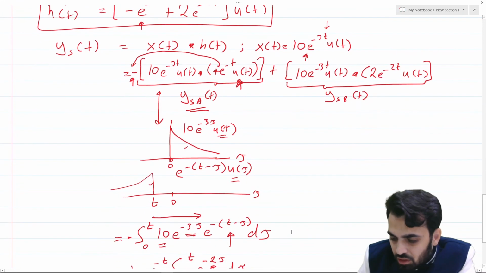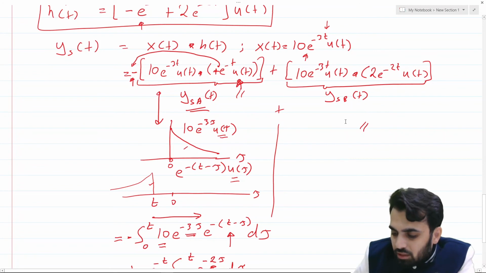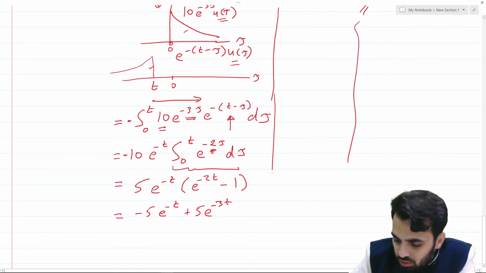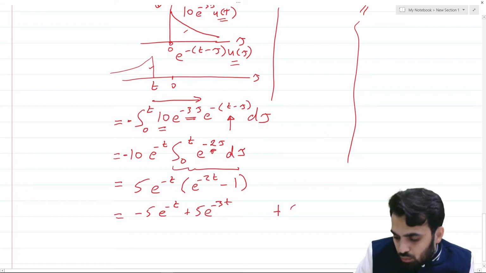So that was the solution of the first part, and in a similar way we can solve the second one, with an almost similar approach, and this is going to give us 20e^(-2t) - 20e^(-3t).